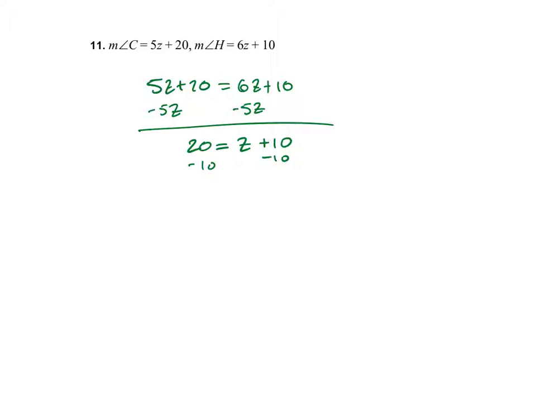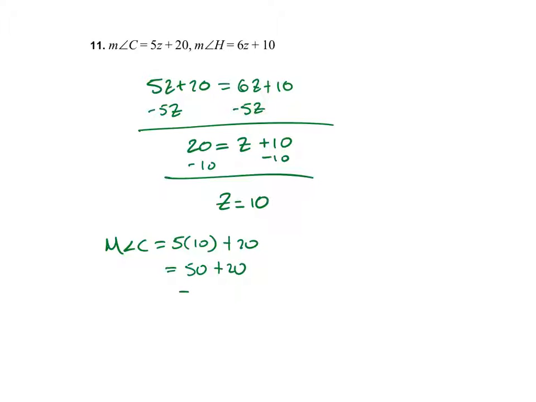Subtracting 10, z equals 10. I'm going to plug it back in. The measure of angle C is 5 times 10 plus 20, so 50 plus 20 equals 70 degrees. And the measure of angle H equals 6 times 10 plus 10, so 60 plus 10 equals 70 degrees.